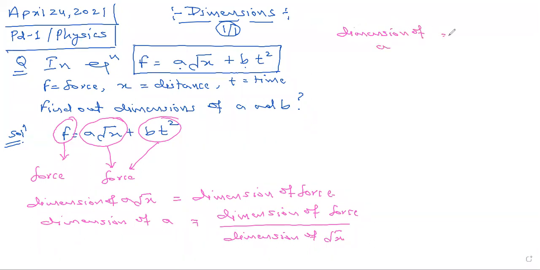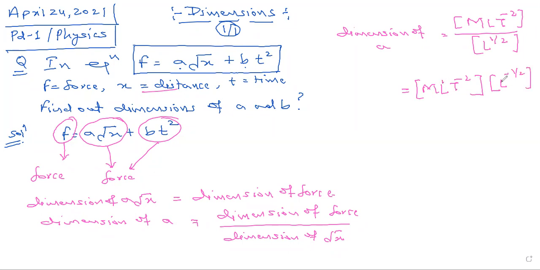So dimension of A: the force has the dimension mLT minus 2, upon root x, where x is distance. So this is L to the power 1 upon 2. So this is mLT minus 2 and this is L to the power minus 1 upon 2. If the bases are the same, the powers get added. This is m L to the power 1 upon 2 T to the power minus 2.